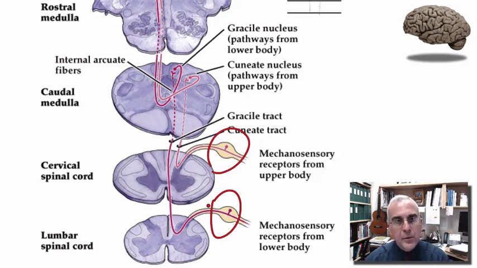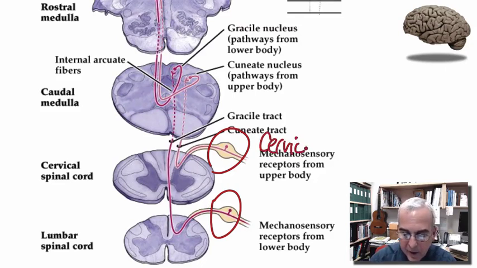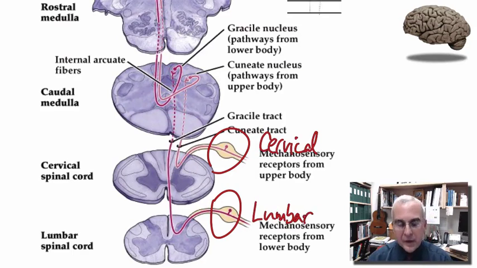Now we can see a little bit more clearly, I trust, an important distinction between the afferents that arise in the cervical enlargement and those that arise in the lumbar enlargement. The first order axons from the lower part of the spinal cord enter the dorsal column near the more medial aspect of the dorsal column on one side of the spinal cord.